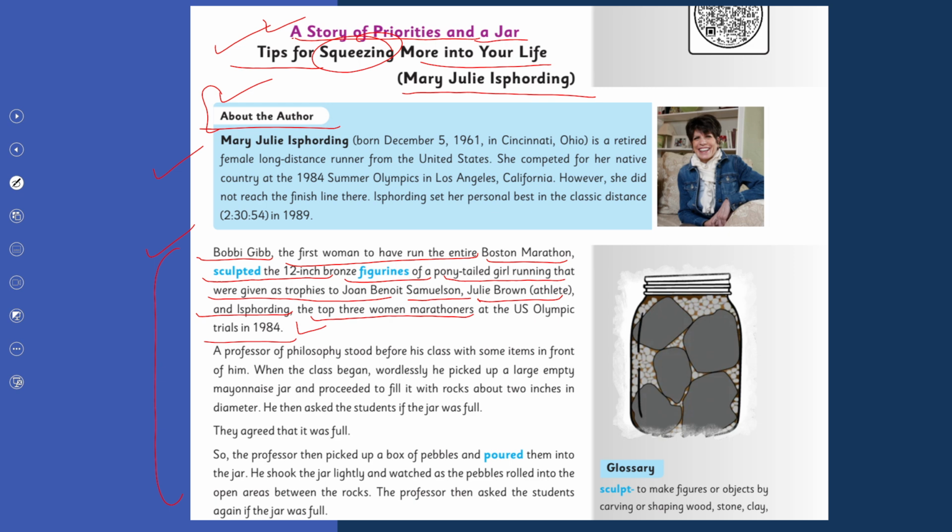Now, students, you can look for the definition of these words, sculpted and figurines, and also figure out their parts of speech from the dictionary as well. You have a glossary at the side of the chapter, so you can find out the meanings as well. Just like this, we may find so many different words.